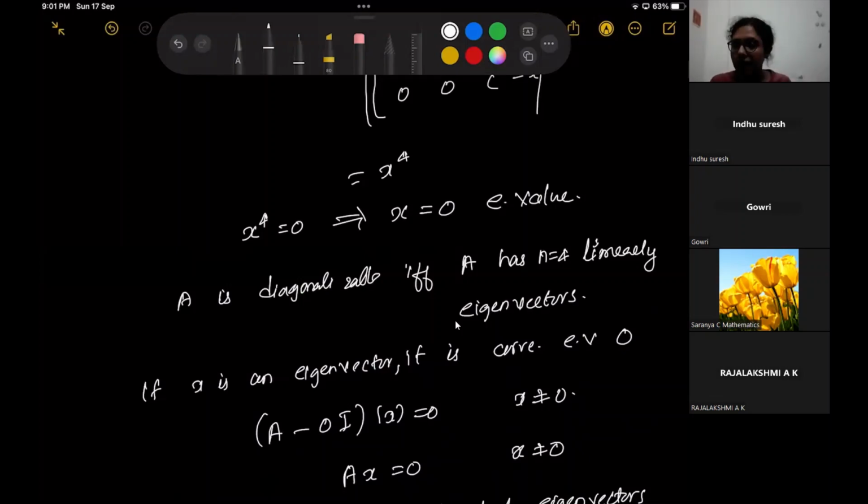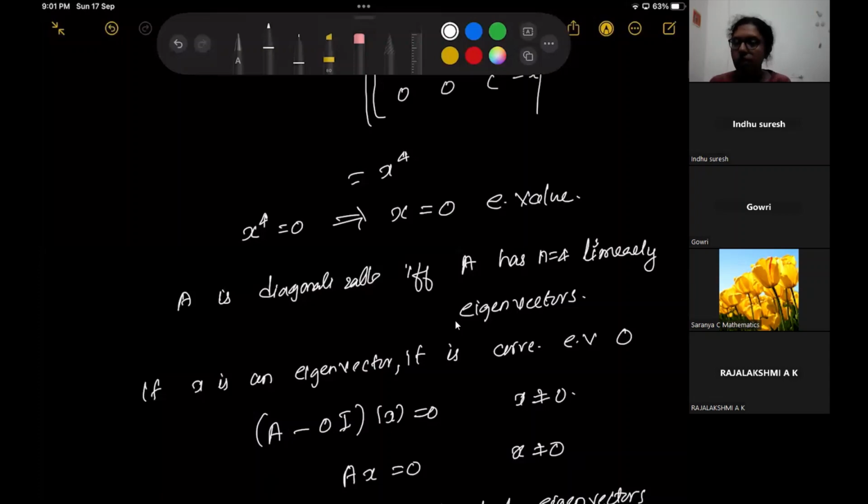That means Axi equals 0 for each i equal to 1, 2, 3, 4. So Ay equals a1 into Ax1 plus a2 into Ax2 plus a3 into Ax3 plus a4 into Ax4. Each Axi equal to 0 means the right hand side is 0, so Ay equals 0 for any y in R4.